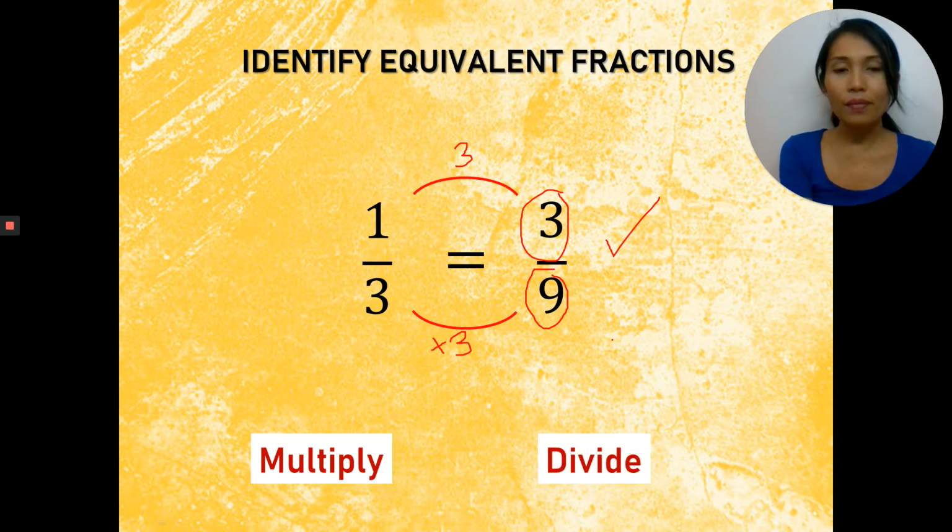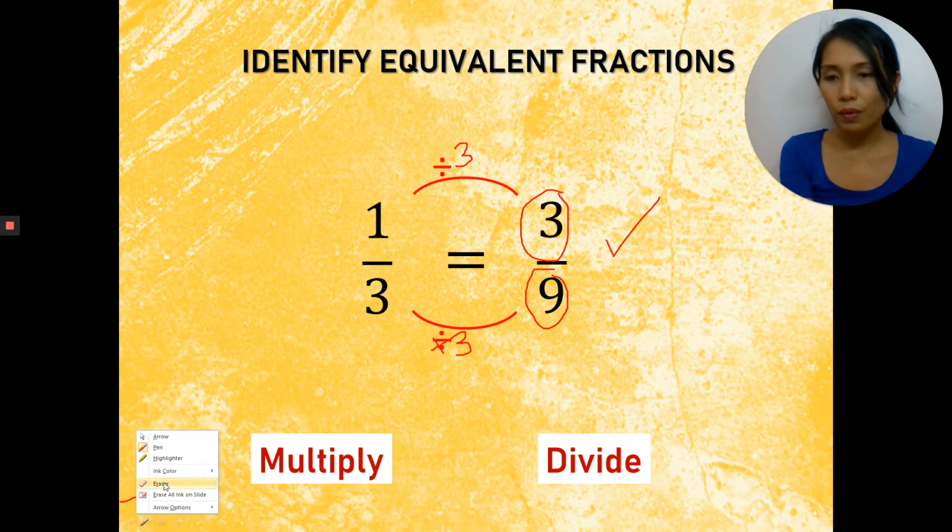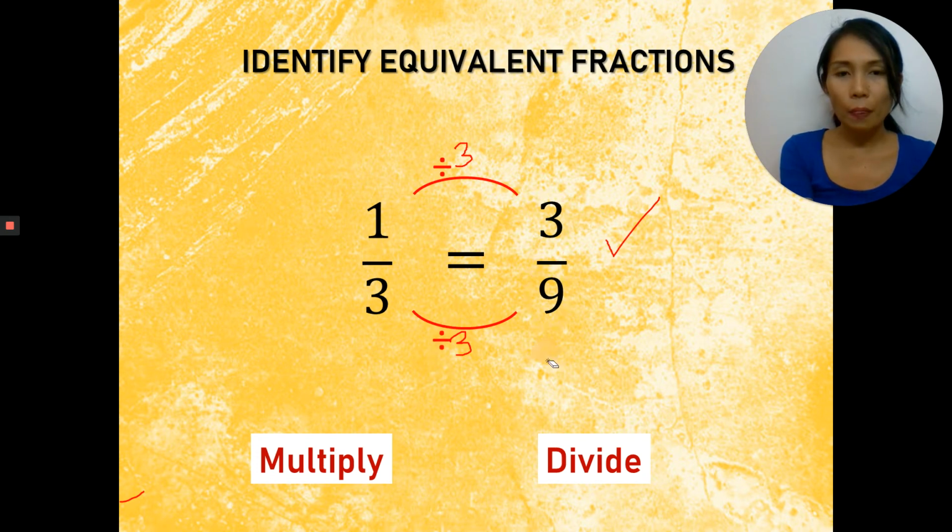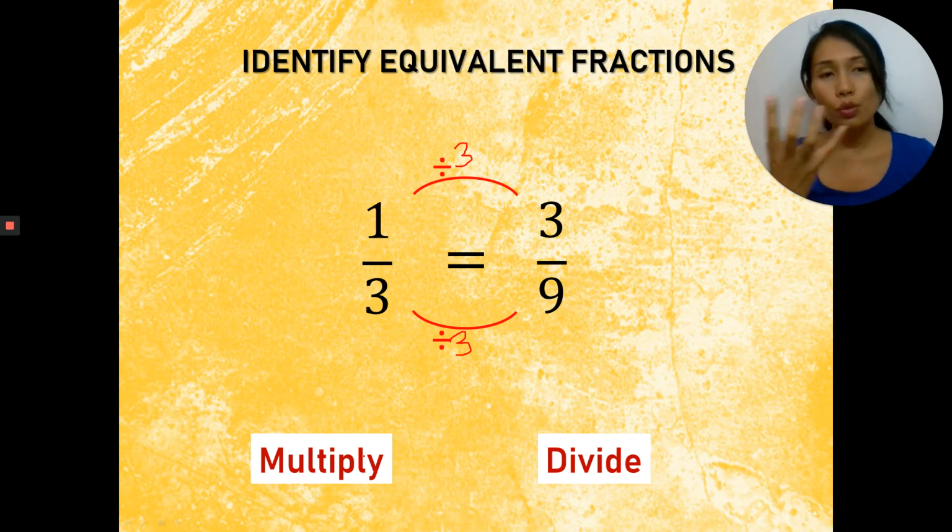Okay, let's try divide. How are you going to divide? Do it still the same, but this time no more multiplication. Okay, let's try to divide. Of course, when you divide, the answer should be reducing.